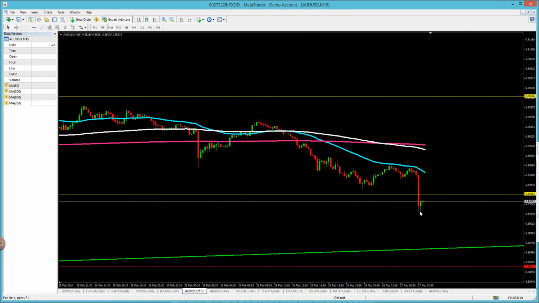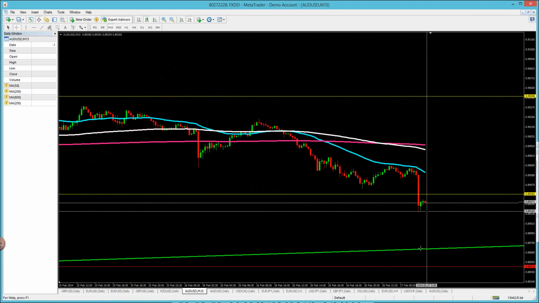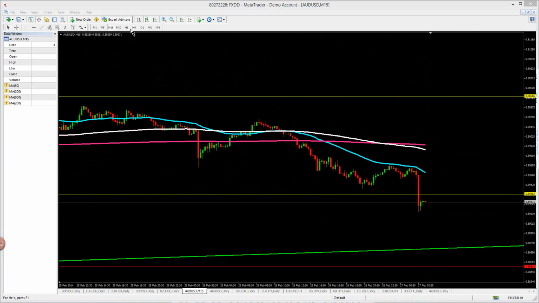Okay, so we have moved down, and we're kind of sitting above it. So we could come down a bit more. It looks a little bit more drastic than it is because that's 43 pips from the trend line from where we are.